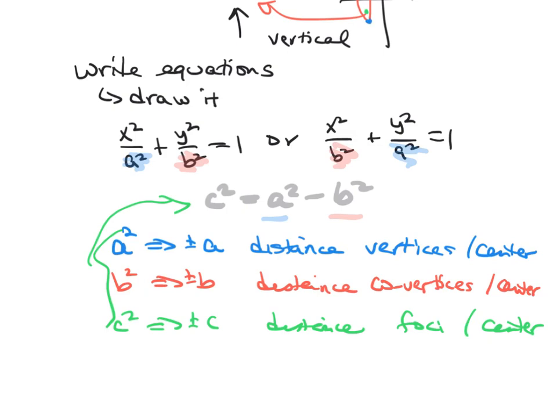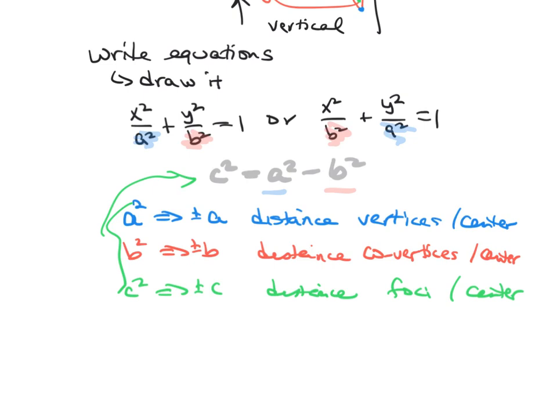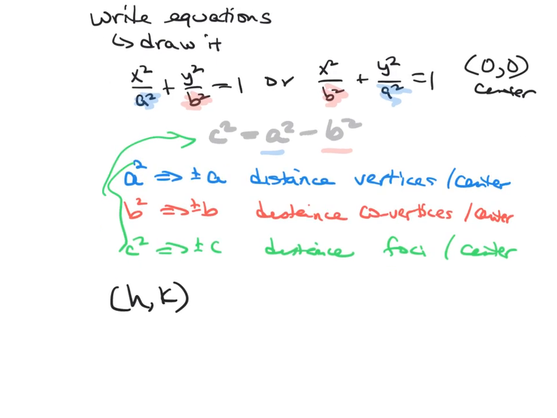to get a squared and b squared. Now, you may also have a center that is not at 0, 0. Both of these have a center at 0, 0. But let's say your center is at (h, k). Then you're going to be writing your equations, filling in the h and the k, and still the a squared and the b squared.